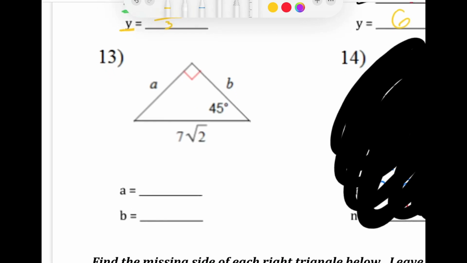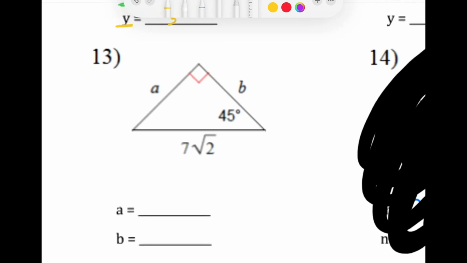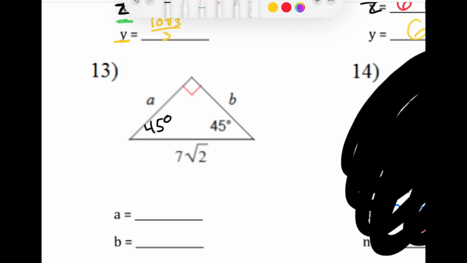Now we're moving on to another special right triangle, 45, 45, 90 degree triangles. We're given 90 degrees and 45 degrees so far, so we can assume the other one is 45 degrees. If you don't believe me, all 3 angles in a triangle have to add up to 180 degrees.